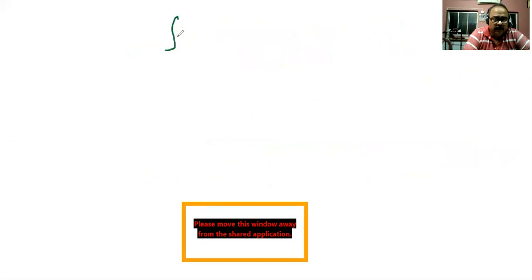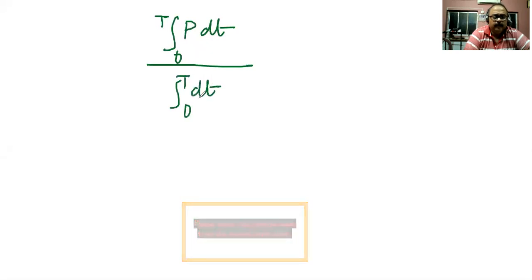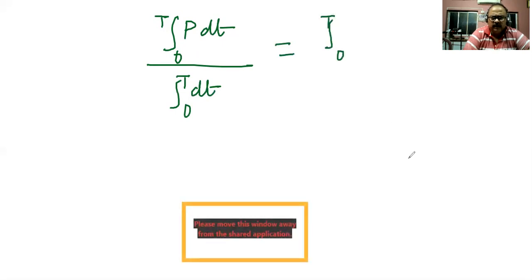Average power over a complete cycle would equal the integration of P dt within limits 0 to T, divided by the integration of dt from 0 to T. What is power?